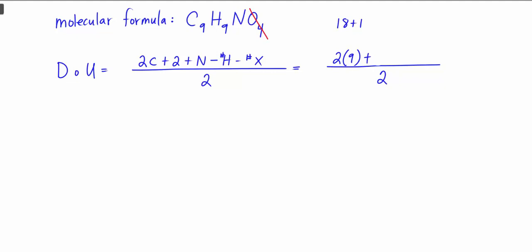So what we will have is 18 plus 2 plus 1 minus 9 minus 0, and that's all divided by 2.